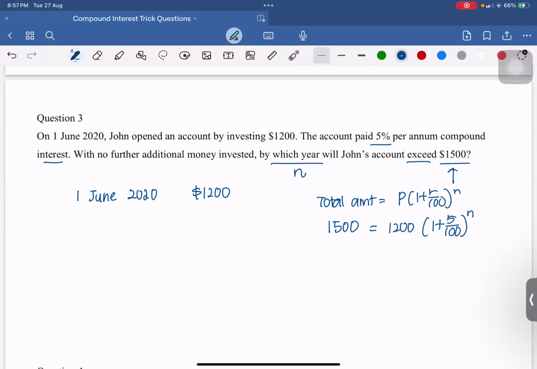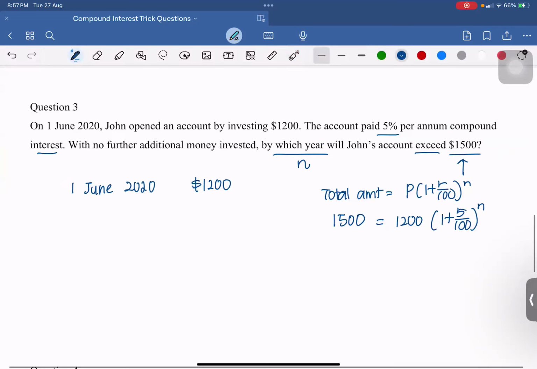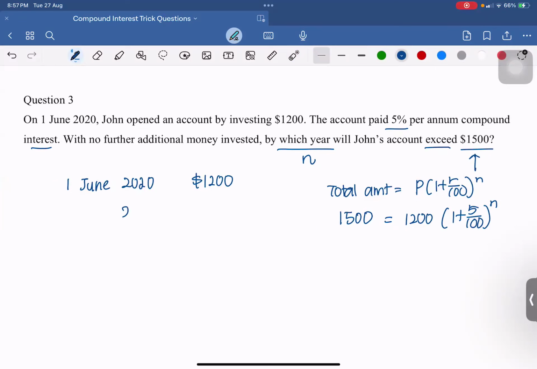So what do we do? We notice I start off in 2020. So I have 2021. I'm paying 5% on top of whatever I have. So originally it's 100%, I'm adding 5%. So I'm actually 105% of whatever number that I had the previous year.